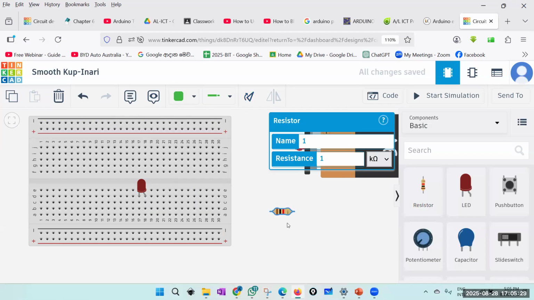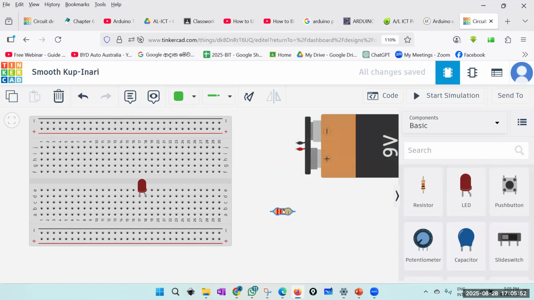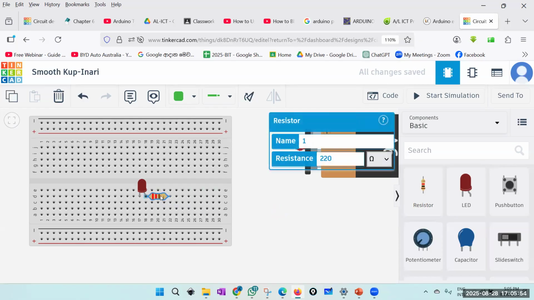You don't need to read the band here because this is a virtual environment. When you click, you can change the resistance. You can see it's kilo ohm. I will change it to ohm, and then I will say 220. That is because this is a virtual environment. But in a physical environment, you need to read the bands and get the correct resistor. Now I will fix this to the positive side like this.